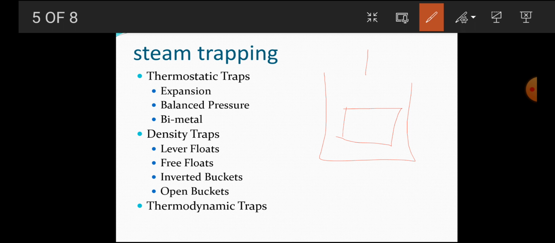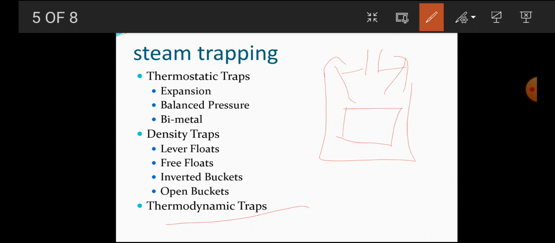So here there will be a piston cylinder arrangement. This will bleed the valve with condensate, air and steam. So these were thermodynamic traps which are used for removing the condensate.